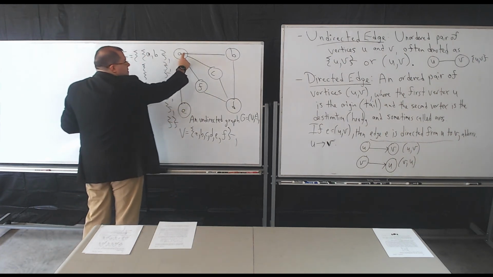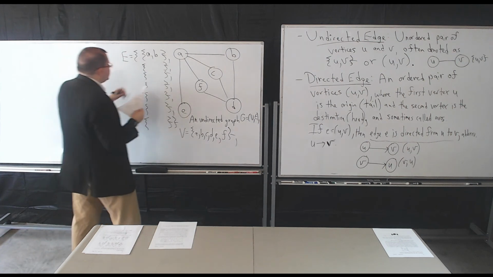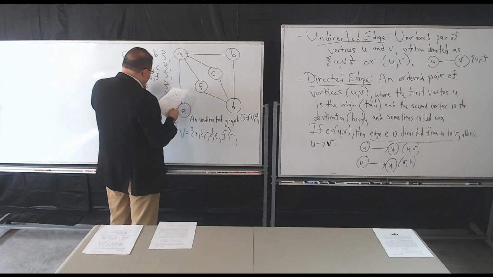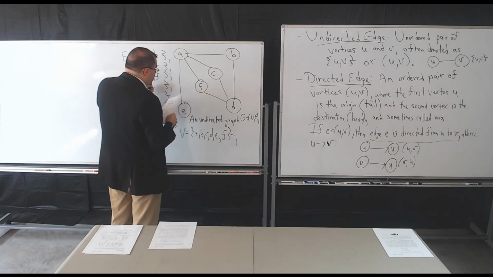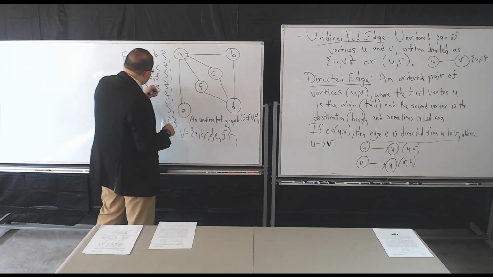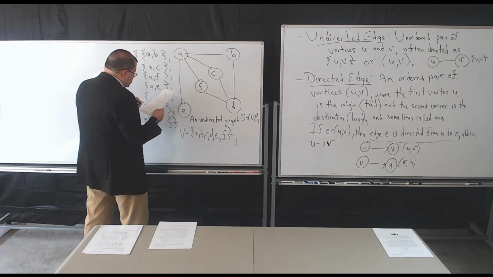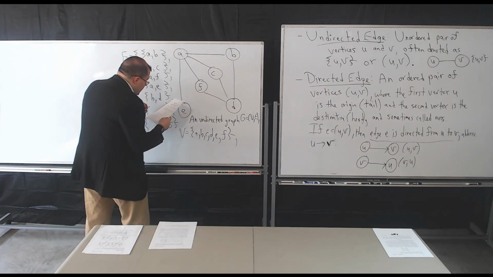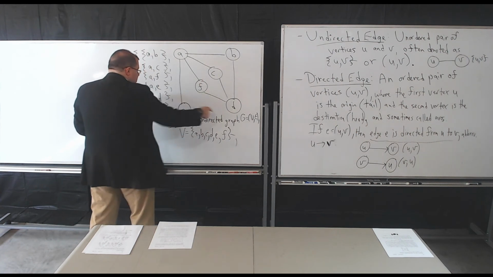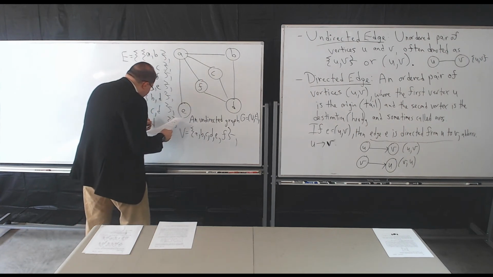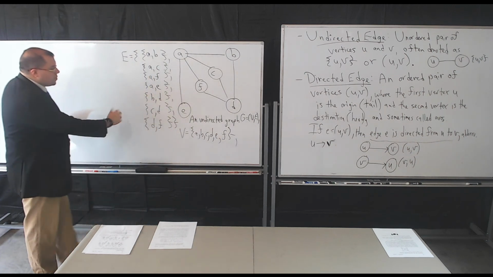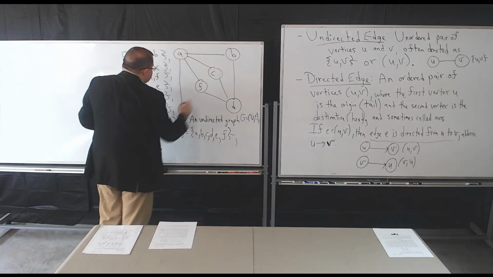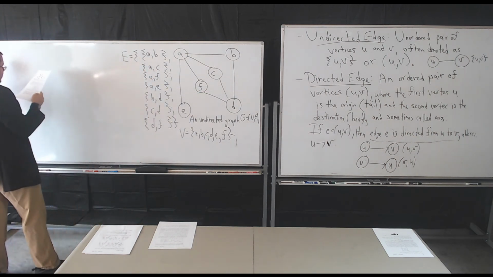There's an edge that connects A to B. How about from A to C? A to F? There's an edge from A to F. How about A to E? There's an edge here. How about B and D? There's an edge from B to D. How about C to D? There's an edge here. One last one, D, F. Remember, the order does not matter here. They are just paired together because they're connected right here. So this is an undirected graph.